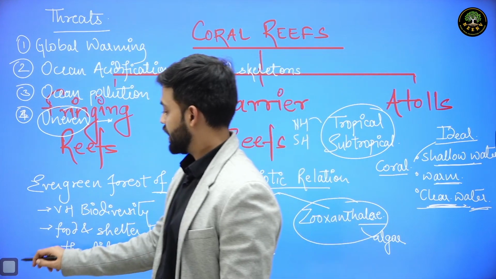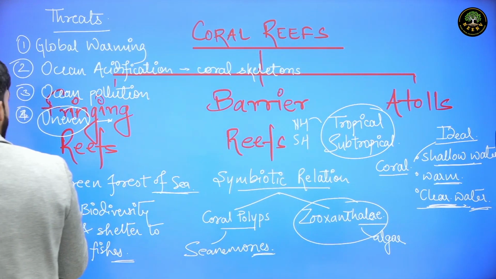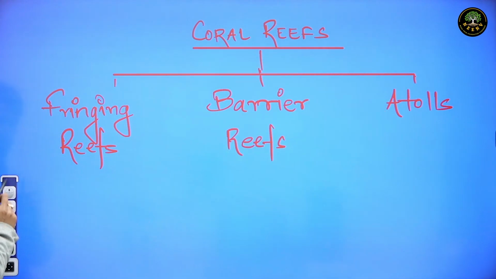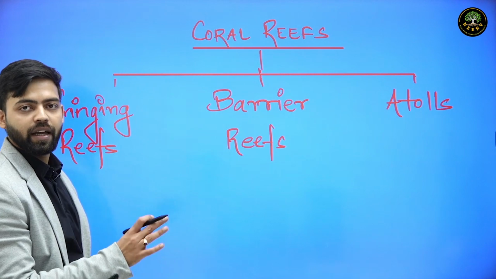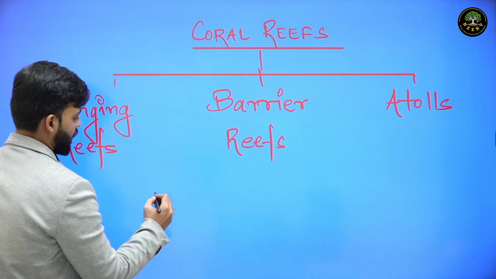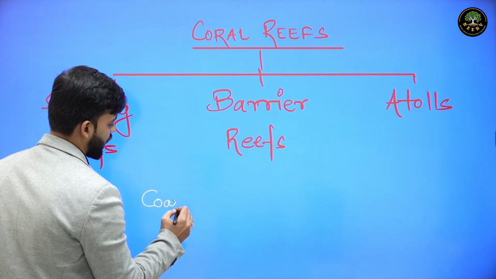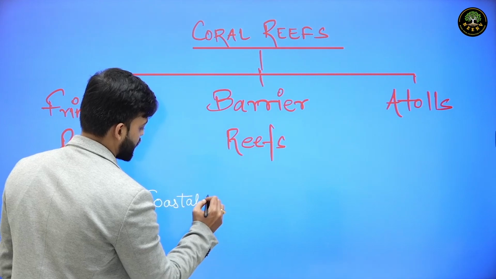So these are the basic information as far as coral reefs are concerned. To secure coral reefs and the areas around coral reefs in India, the laws are regulated under Coastal Regulation Zone.